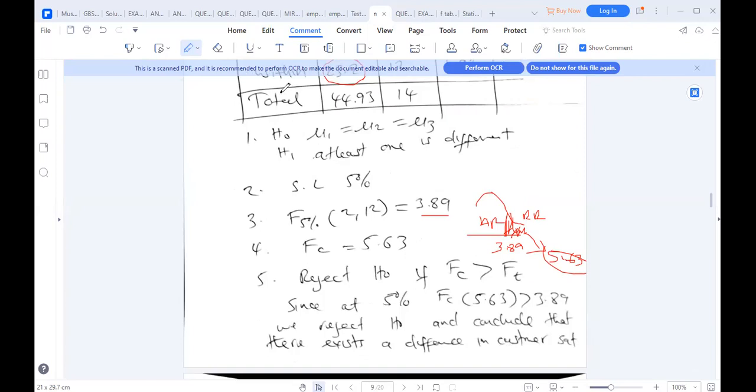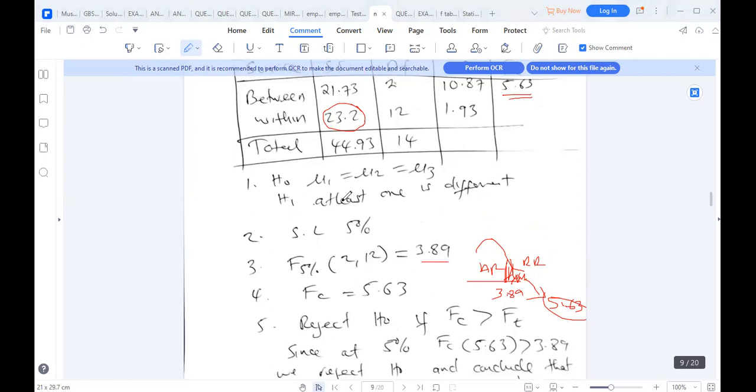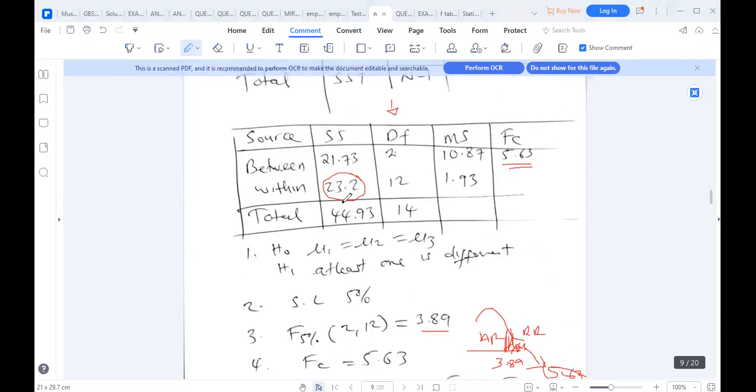Excuse me, Mr. Collins. At what point do we divide the alpha by 2? Is it stated in the question if it's a two-tailed test? No, they don't state whether it's a two-tailed test.